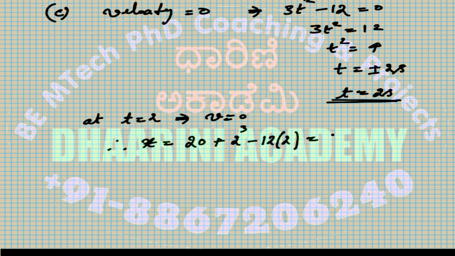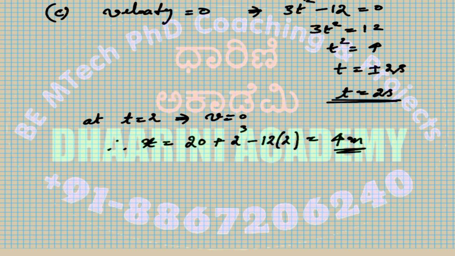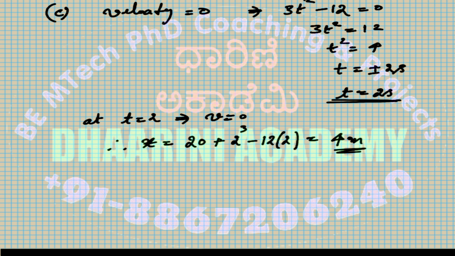When we simplify, we get x is equal to 4 meters. So the displacement is 4 meters when velocity becomes equal to 0. Okay, let's move on to the next question.